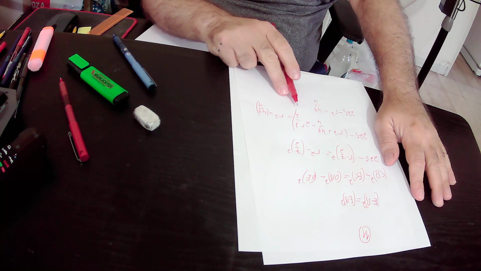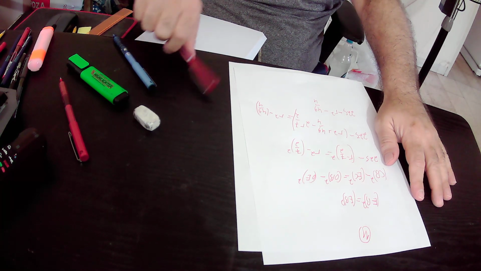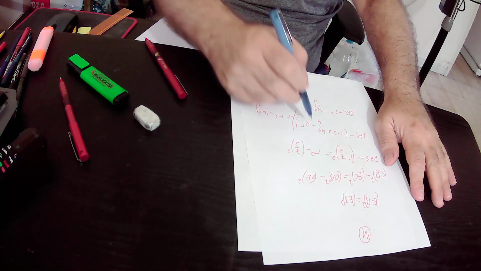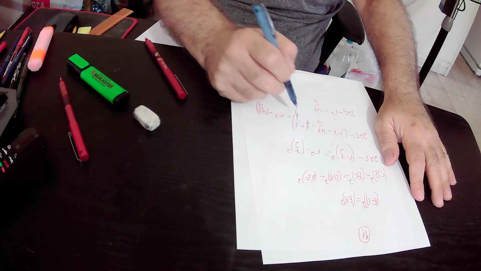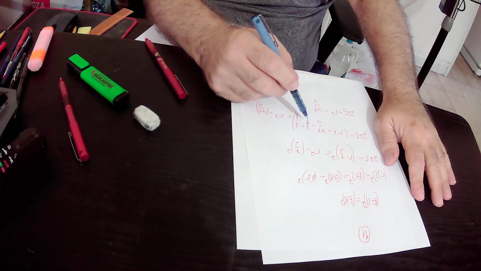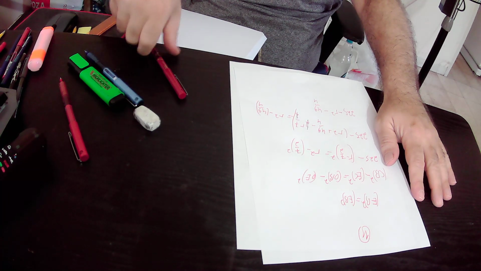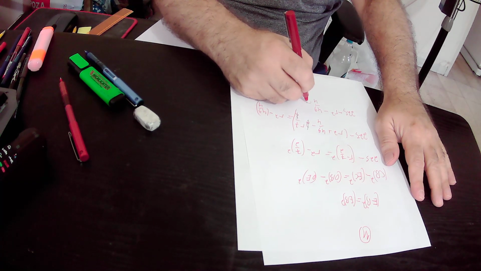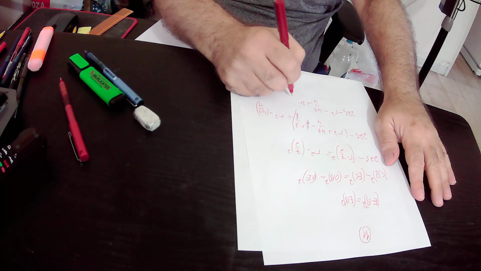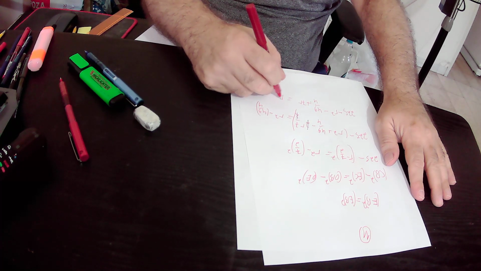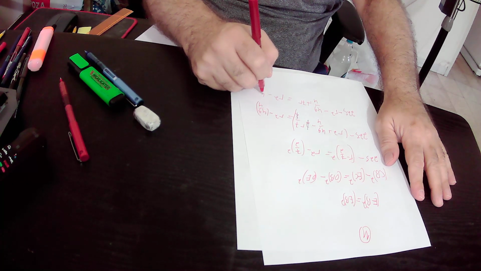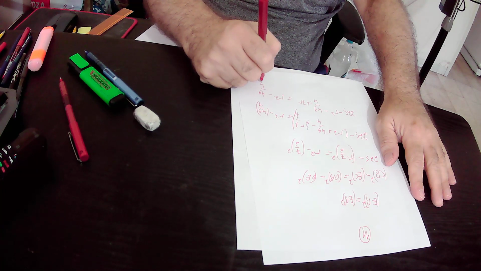Here we have 2 in the numerator and 2 in the denominator, so 2 is cancelled, and we have minus 7R. Minus 7R is plus 7R equals R square minus 49 over 4.